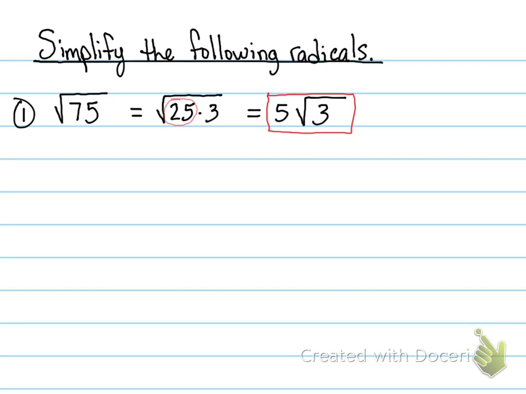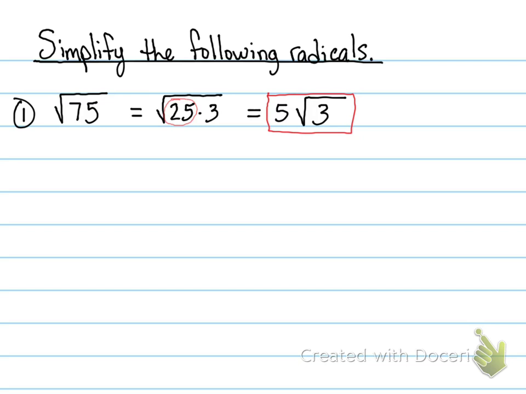And that's why I start with the largest number factors, the largest perfect squares, and kind of work my way down, because that assures me that I'm going to have the simplification process in just one step. Right, but you see 3 is prime, and we can't simplify the square root of 3 any farther.